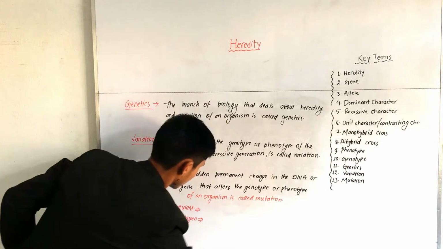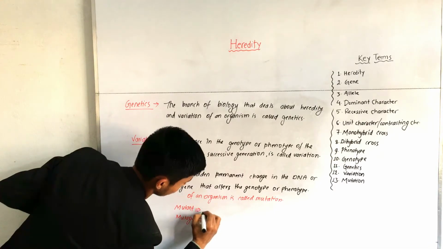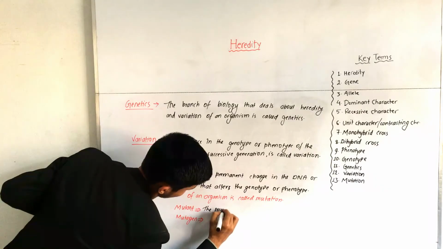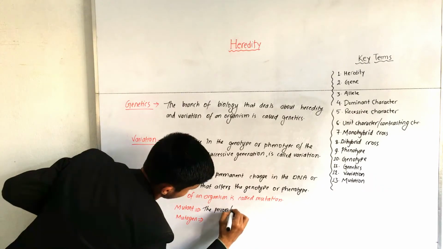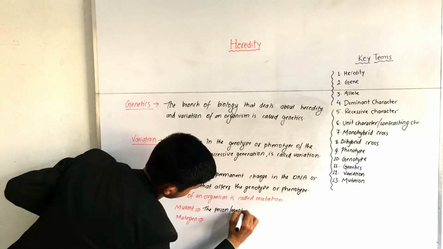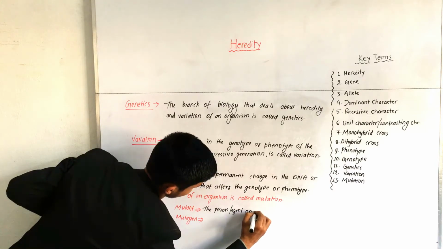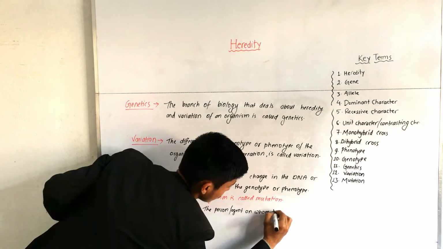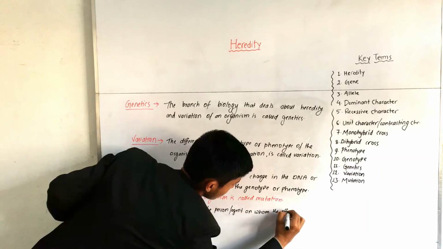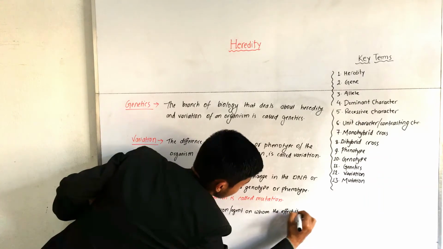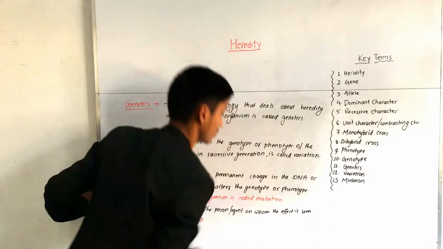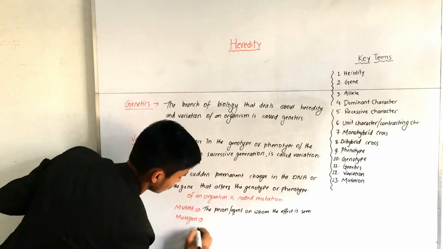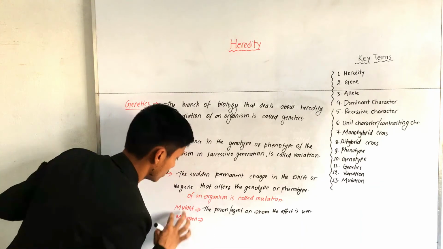We can write here the definition of mutant: the person or agent on whom the effect of this mutation is seen.